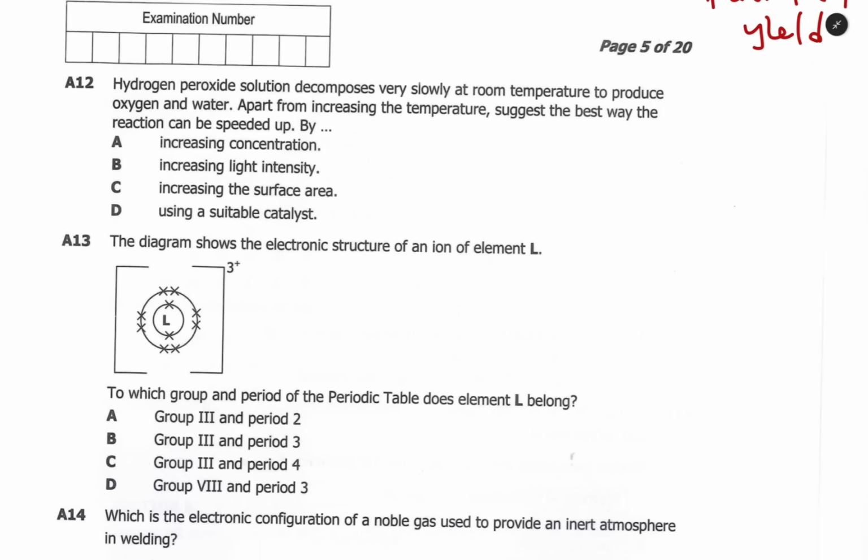Apart from increasing the temperature, suggest the best way the reaction could be speeded up. So this reaction needs a catalyst. So it needs a what? A catalyst. So the answer right here is D. So question 12, the answer is D.